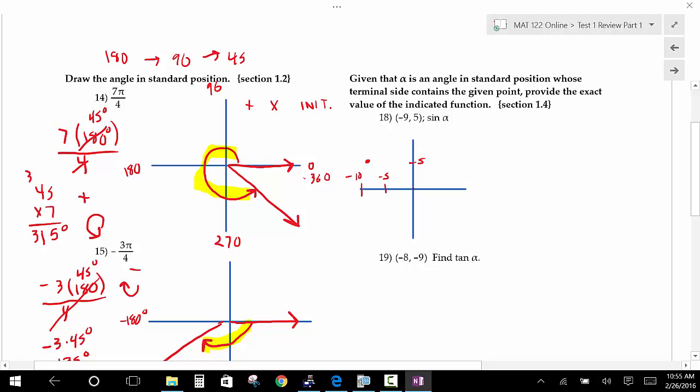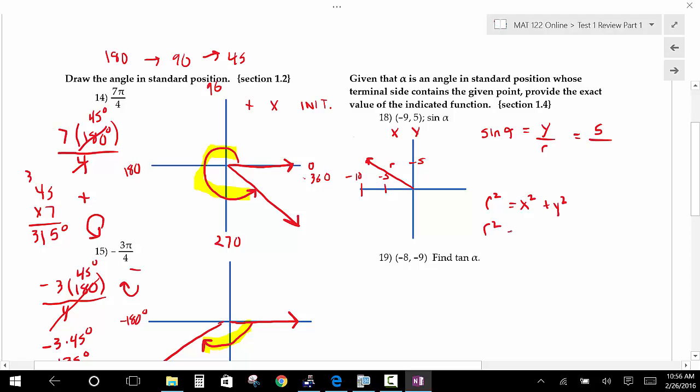So technically what you're looking at is this ratio between y over r. The sine of alpha is equal to y over r. Okay, so you know in this problem that y is 5 and x is negative 9. So we know that 5 is a part of it. We just need to find what that radius r is. So we do that by the Pythagorean theorem. r squared equals x squared plus y squared.